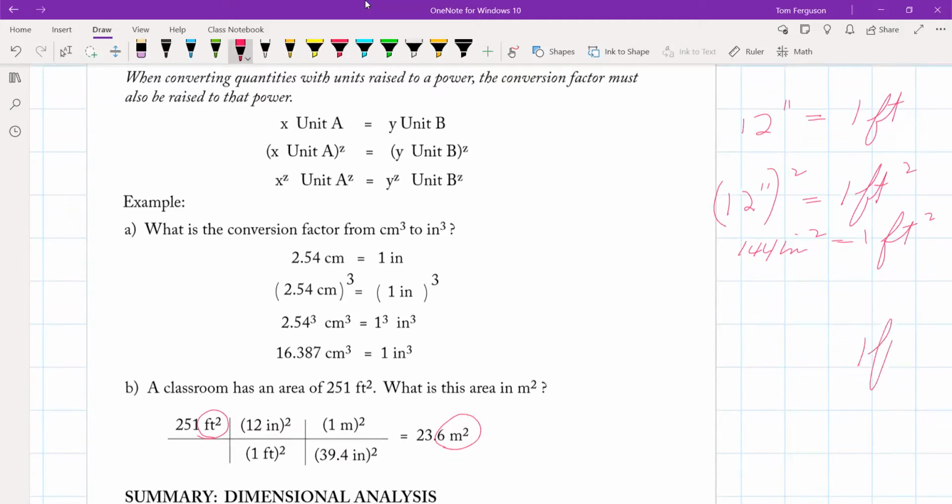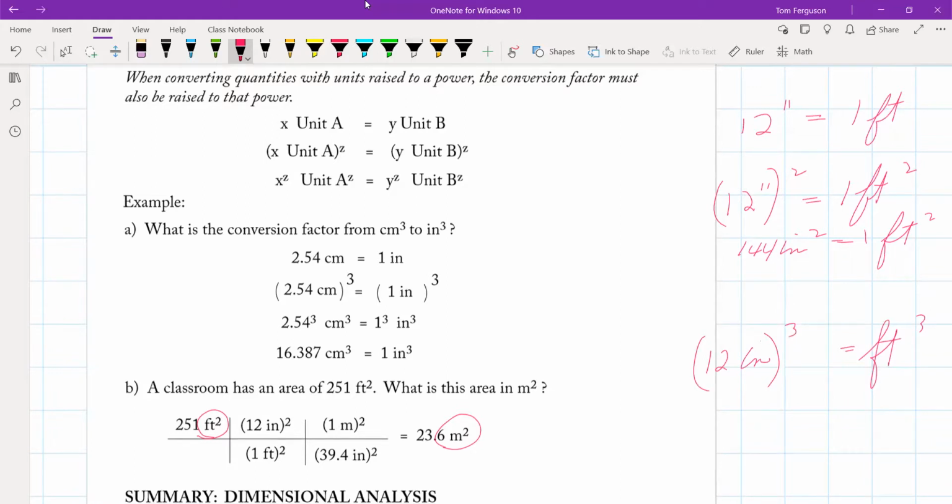What about a cubic foot? Well, that would be 12 inches cubed.